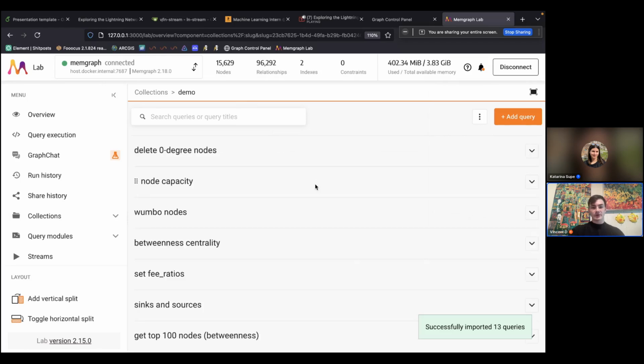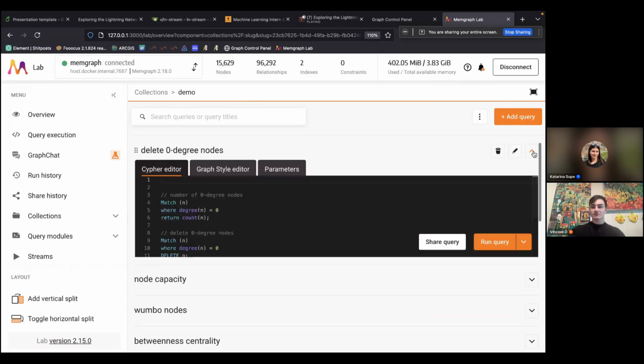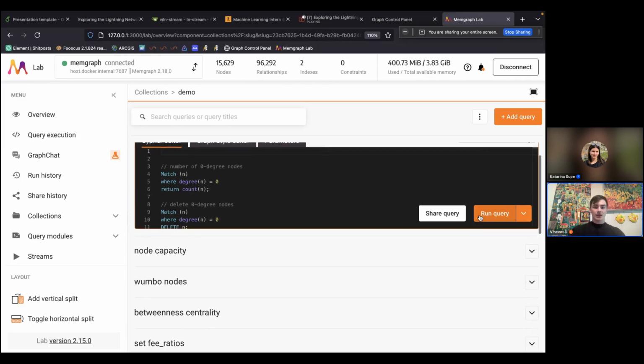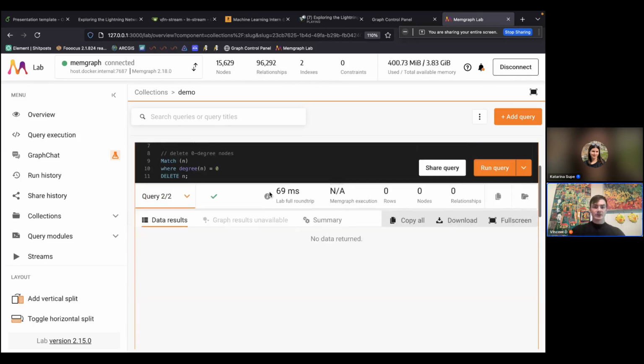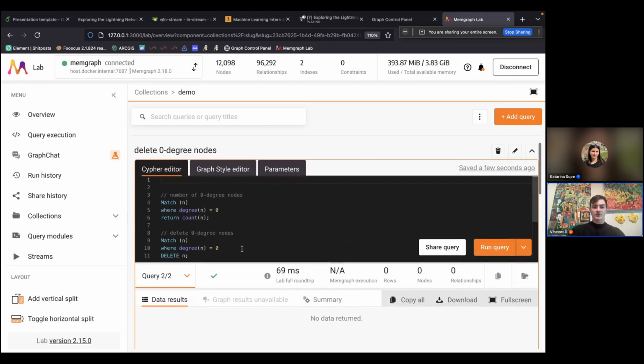So here we have 13 queries for running against this database to learn more about the network. First one's not spectacularly interesting. There's just an idea that there are 0 degree nodes in this network. The reason a node with 0 degrees might exist is because they either have all private channels, where they have open channels and are participating in the network but haven't announced them, so nobody except the other party knows they exist.